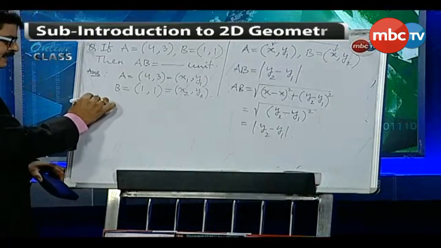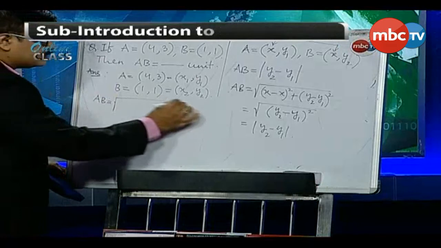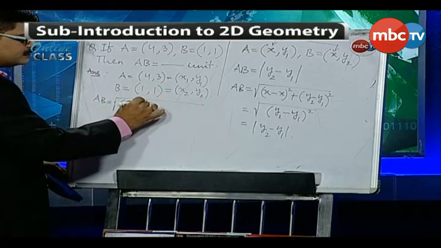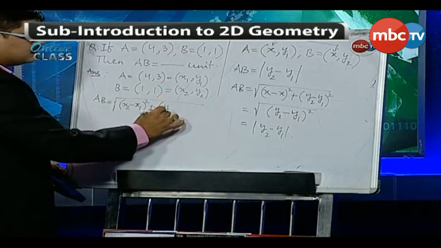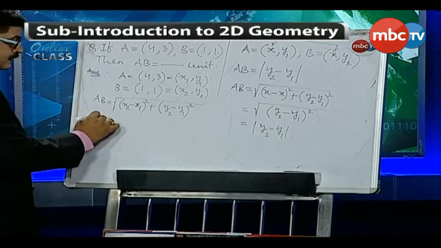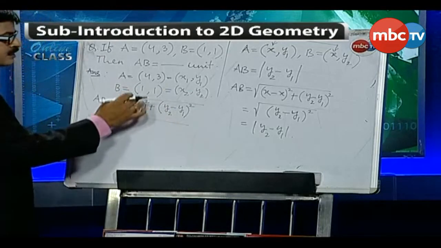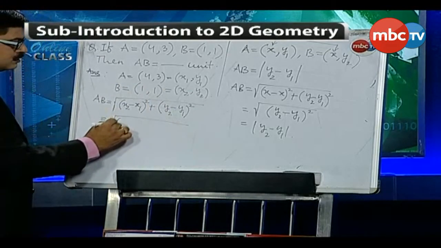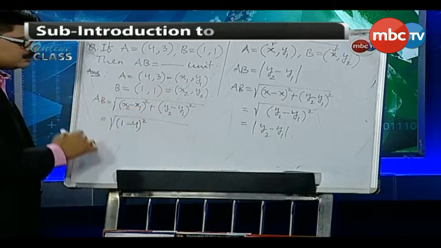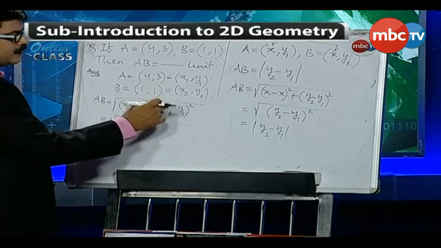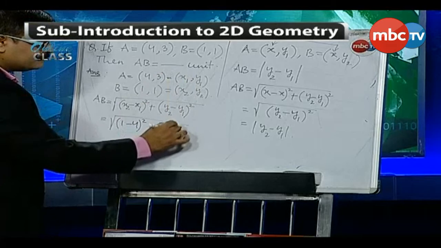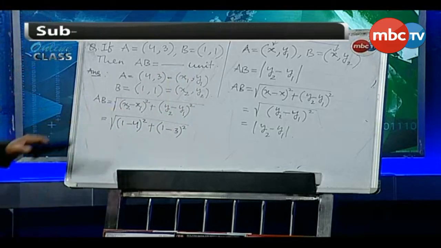Now AB distance is the square root of (x2 minus x1) square plus (y2 minus y1) square. So now you put the values, x2 is 1 minus x1 is 4. So (1 minus 4) whole square plus y2 is 1 and y1 is 3, and you take the square root.